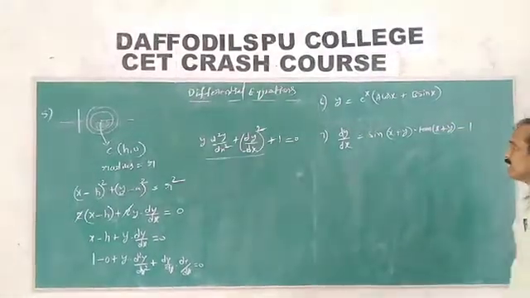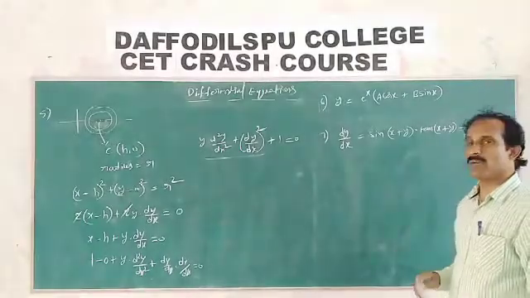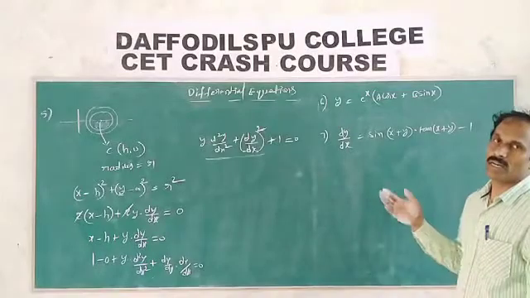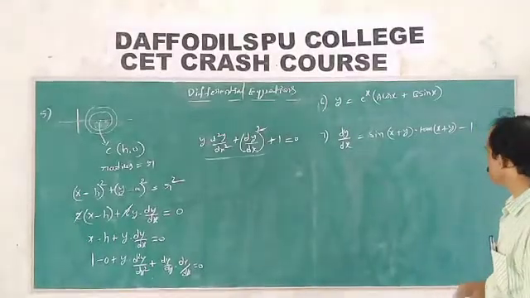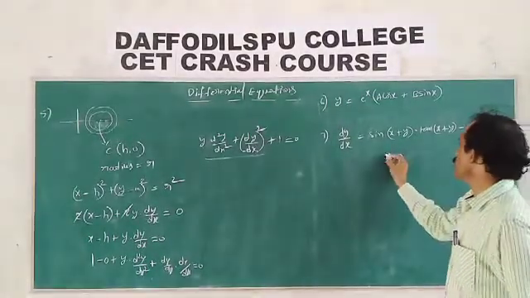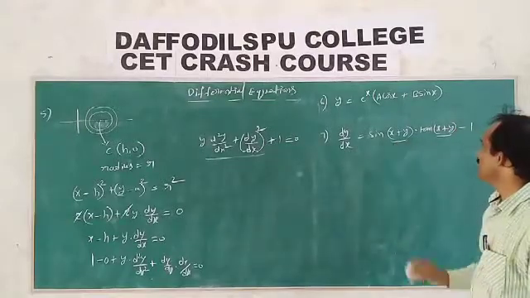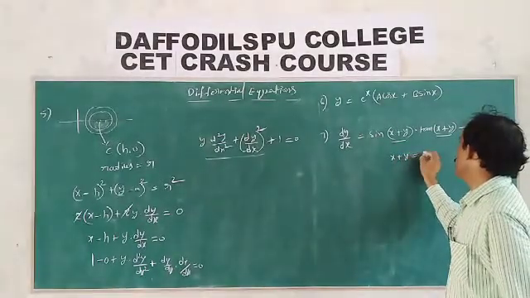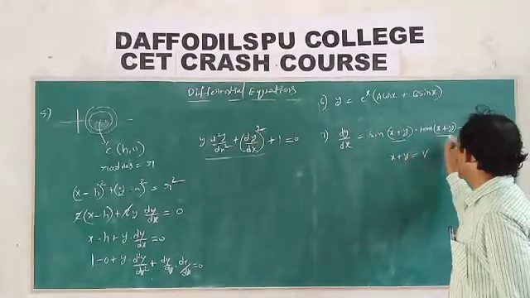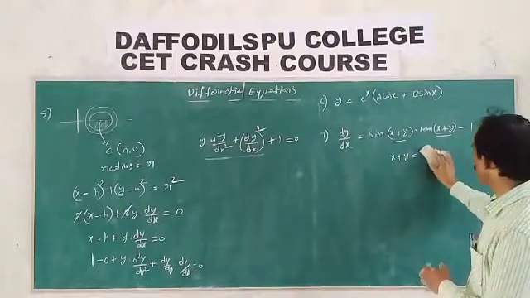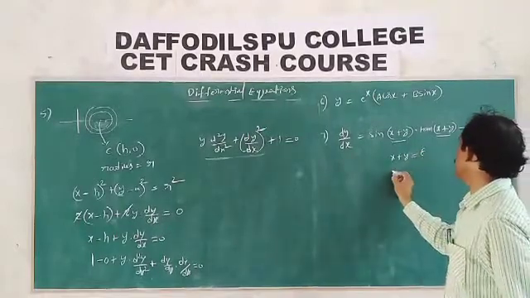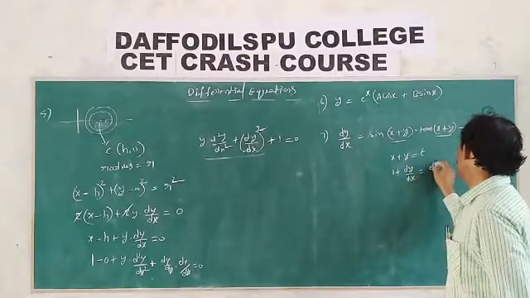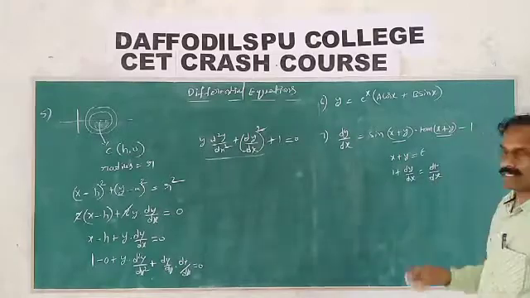So first, understand whether the given problem is possible by variable separable or homogeneous or the linear equation method. In this, x plus y is not possible to split. Let x plus y be equal to t, anything, no problem. Differentiate: 1 plus dy by dx is equal to dt by dx.